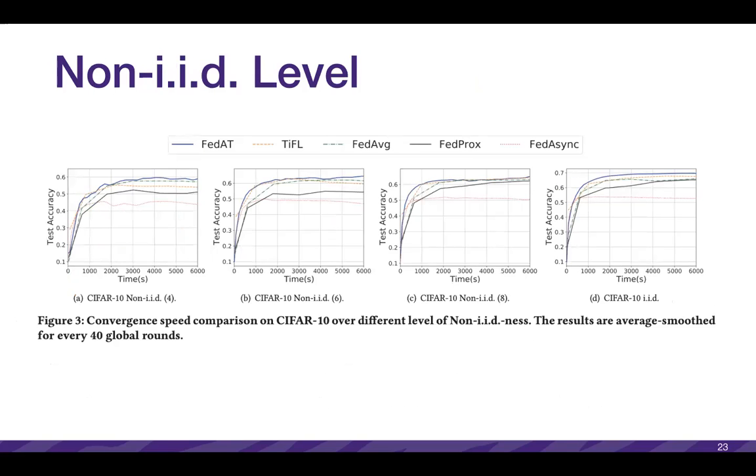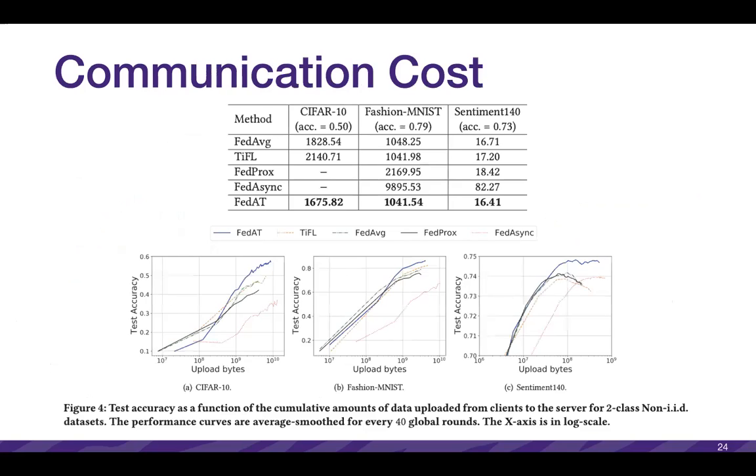And this one evaluates the non-IID level, just the number of classes of each data set. And they also evaluate the communication cost. The table shows the data uploaded to the server when we reach some accuracy.